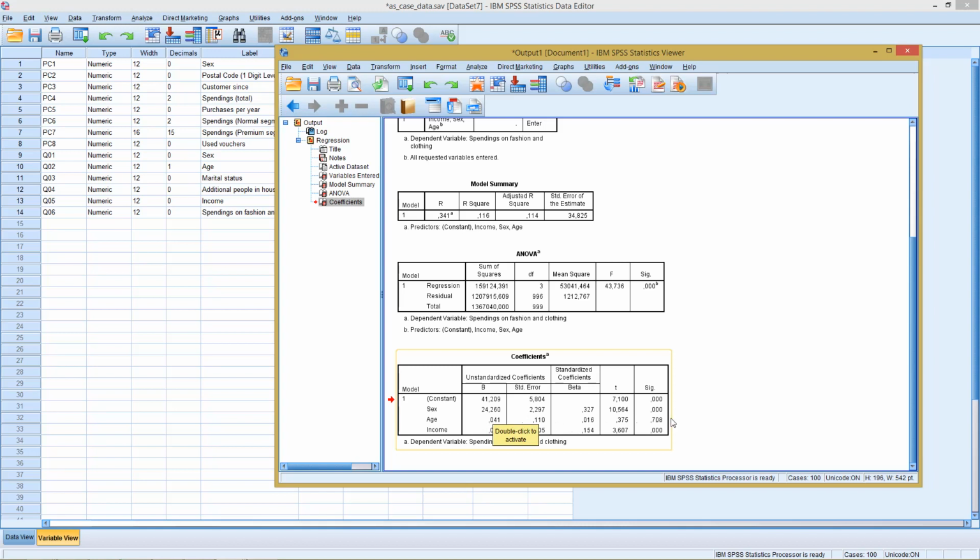This is a problem, and this means that age basically has no real impact on spendings on fashion and clothing. In other words, we could also exclude age from our observations, from our model. We will do something like this in the next step, but first off we turn to the tables above here.